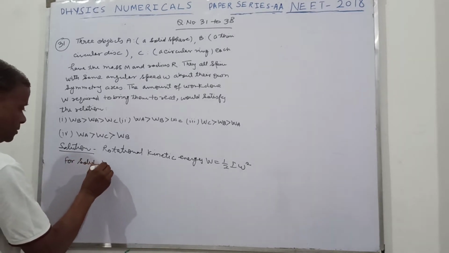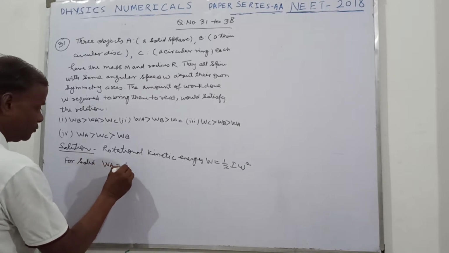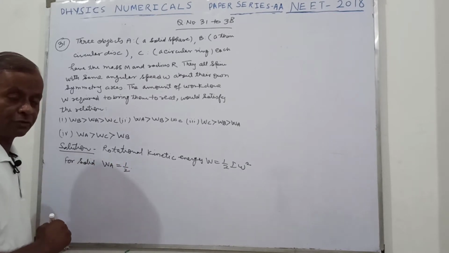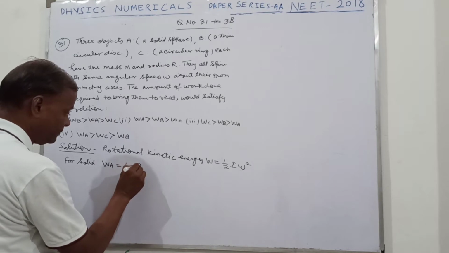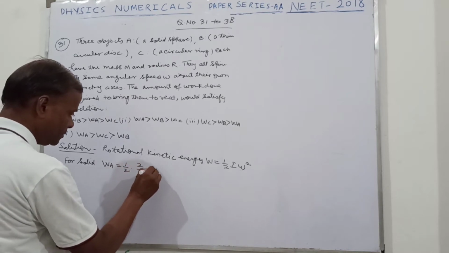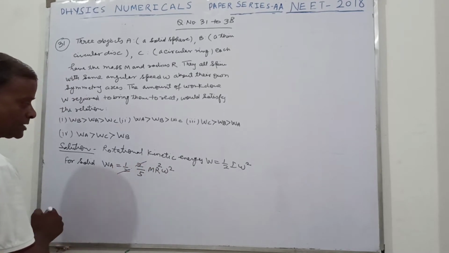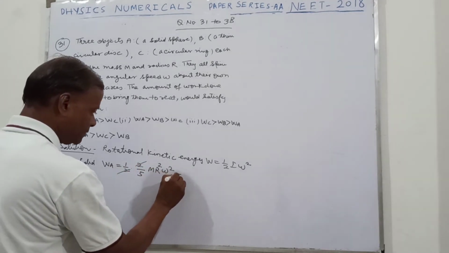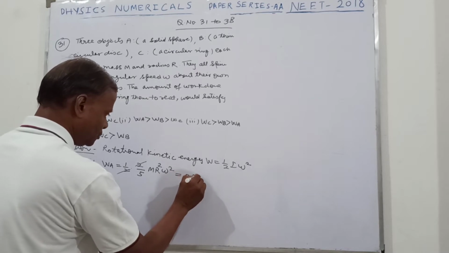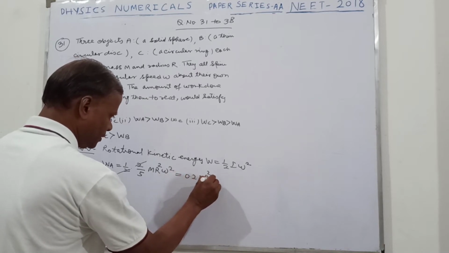For the solid sphere, WA equals 1 by 2, and I is 2 by 5 mr square, into omega square. Now 2 and 2 cancel, 1 by 5 comes, which is 0.2 mr square omega square.